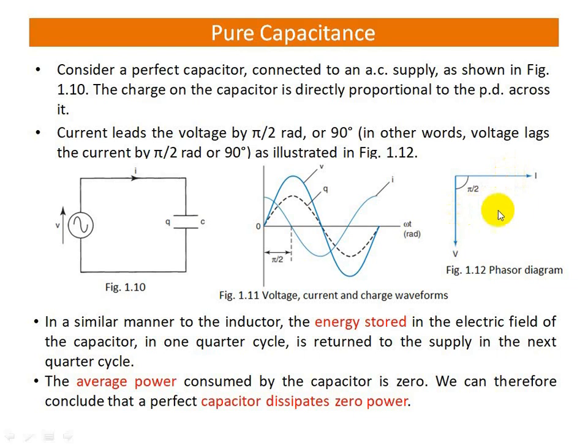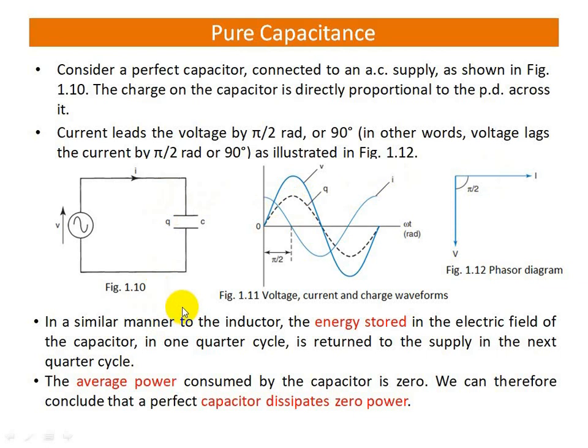In other words, if we take current as reference, then the voltage makes an angle of 90 degrees with respect to current in the counterclockwise direction. As I said, in this case current leads the voltage by 90 degrees. In other words, voltage lags the current by 90 degrees.